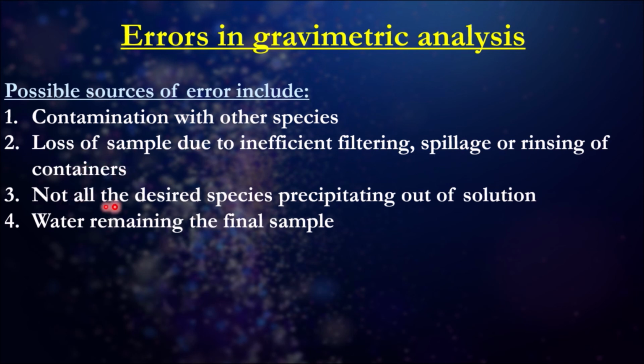We might not always get the desired species in the precipitation solution, so as we said earlier in the lesson, they can potentially precipitate other chemicals that we don't need to analyze, and if the sample is not dried. So please make sure when you're doing this practically that you take into account these 4 factors when performing a gravimetric analysis.